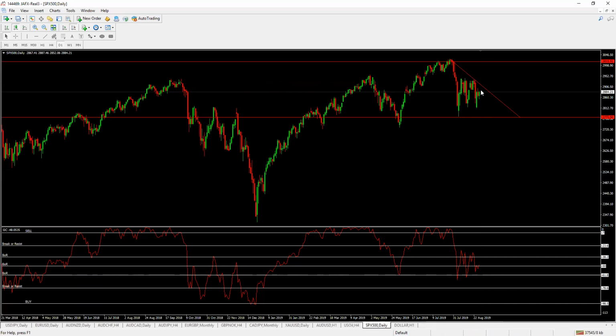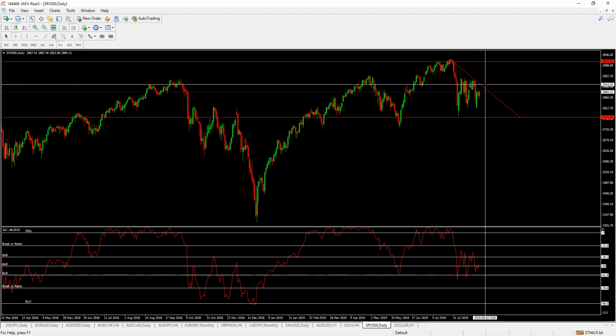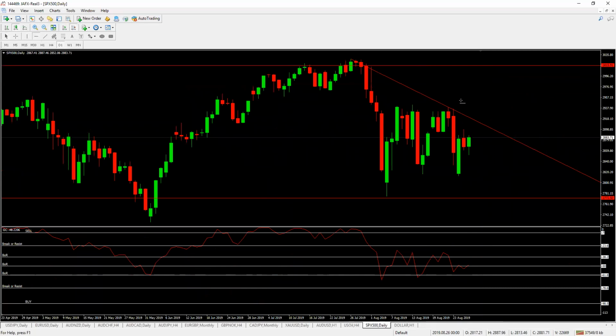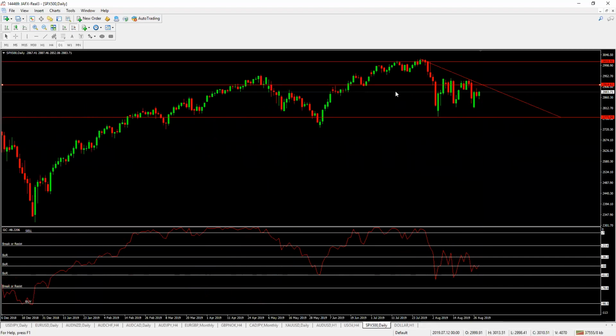So we can take this trade from the top of that trend line, meaning right here. We can wait for our entry. We got our strong support resistance area right there, so we have levels coming up also here.